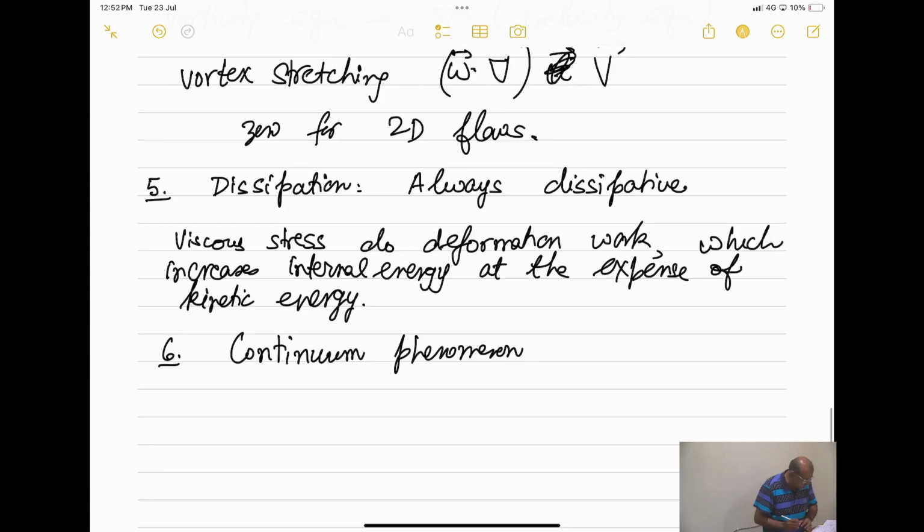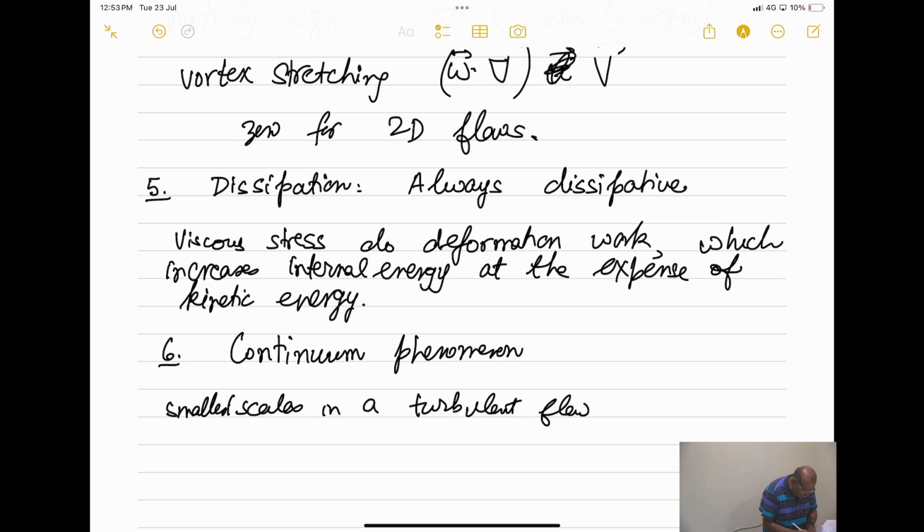Turbulence is still a continuum phenomenon, which means that the smallest scales in a turbulent flow, while they are much smaller than in a laminar flow, are still much bigger than molecular scales.